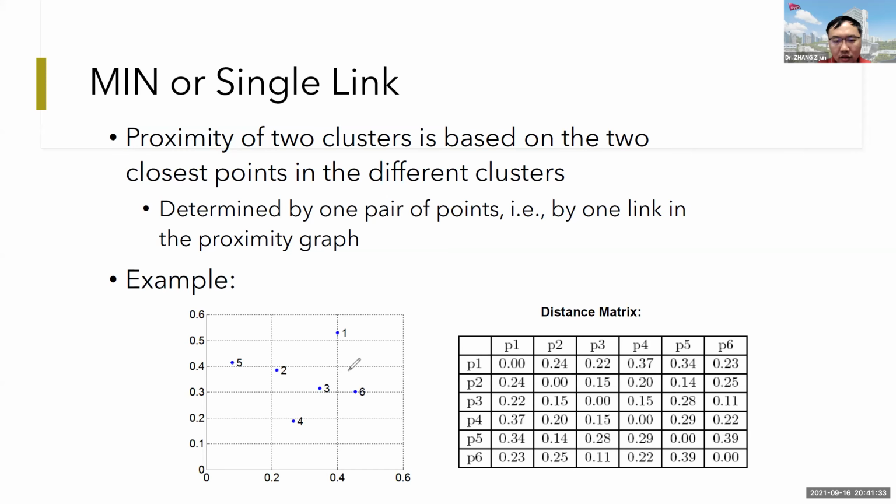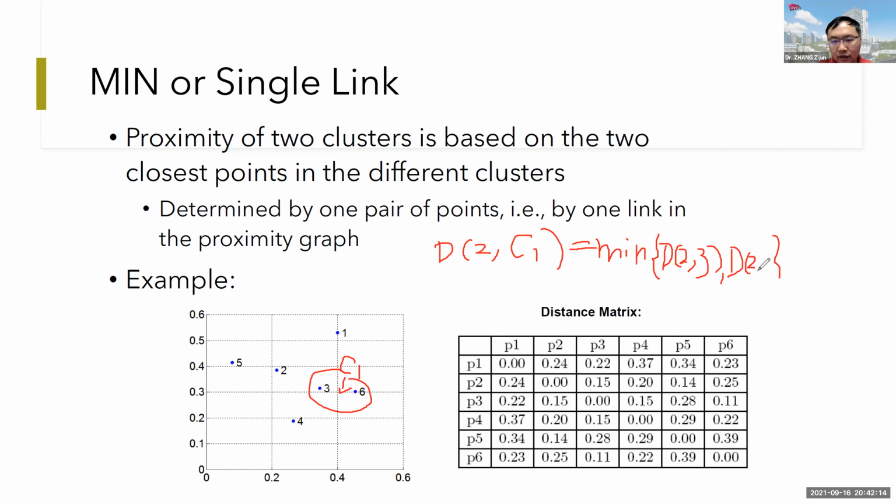So after merging 3, 6 as one cluster, then the proximity, the distance between 2, so we denote this as cluster 1, between 2 and cluster 1 is the minimal value from the set of the distance between point 2 and 3, as well as the distance between 2 and 6.